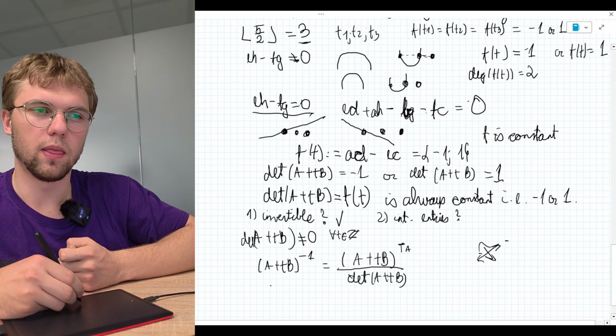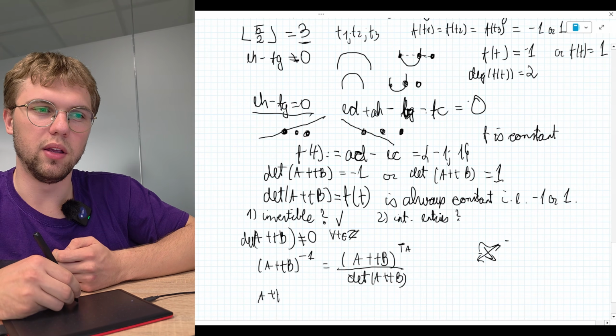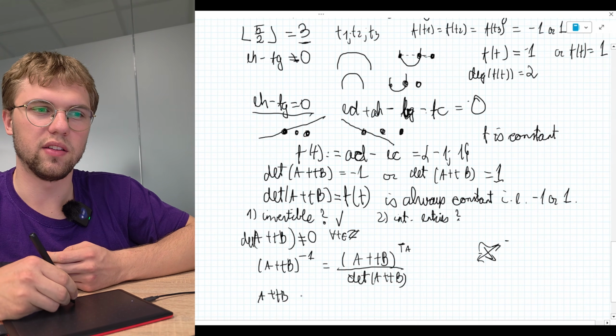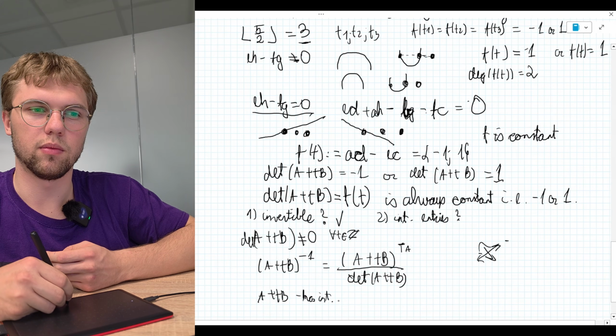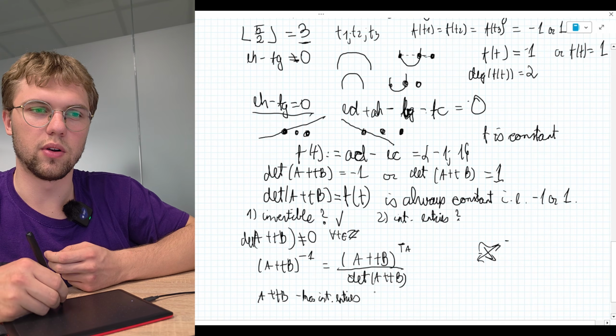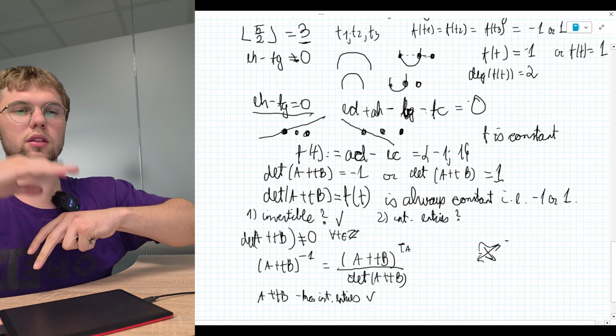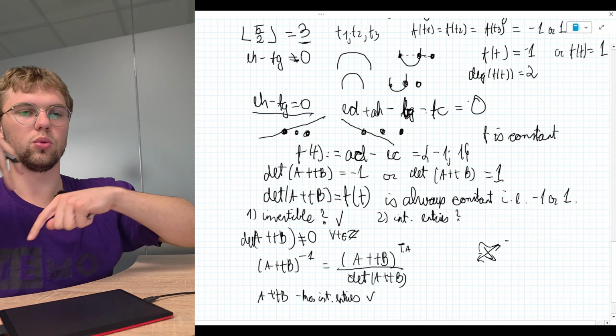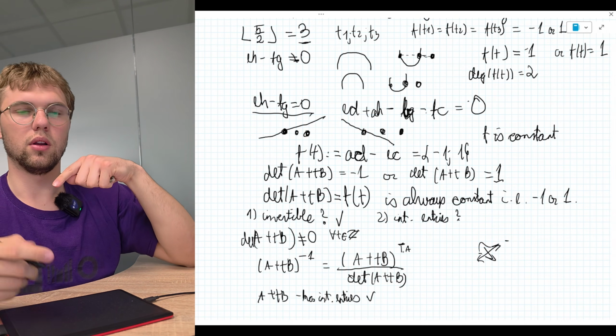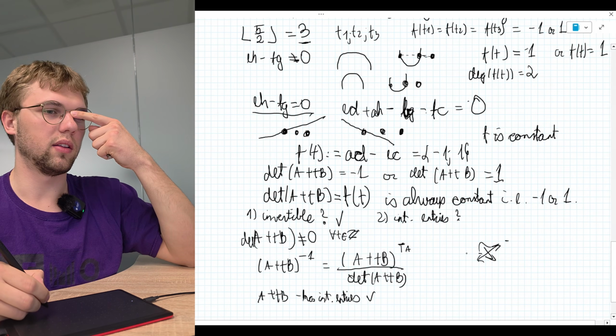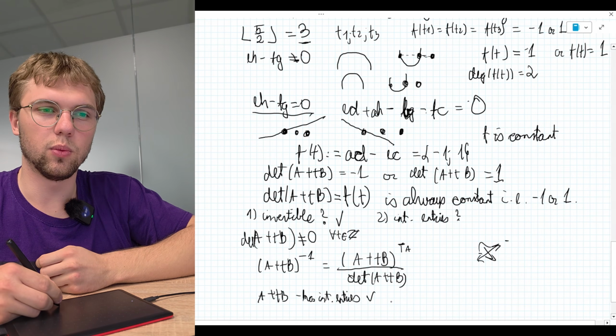So look, A plus tB has integer entries, right? This is correct. Taking the transposition, so swapping these around and these around, and adding minus signs, still leaves it with integer entries.